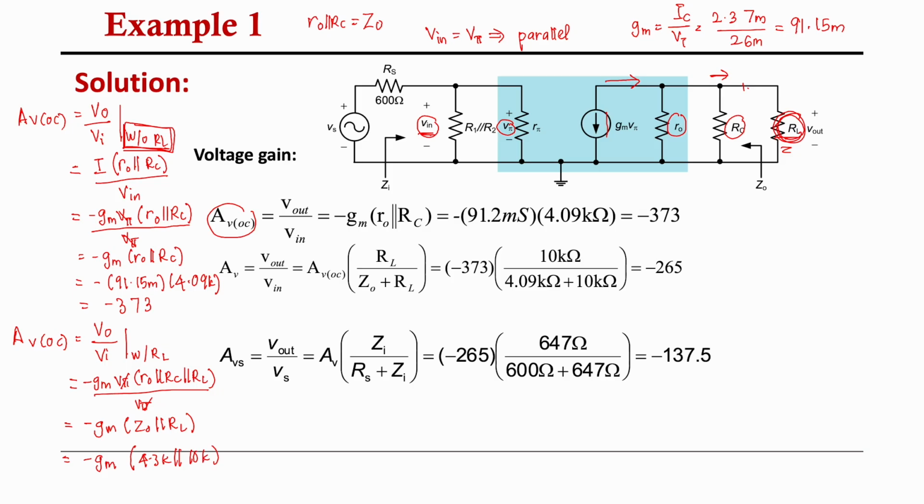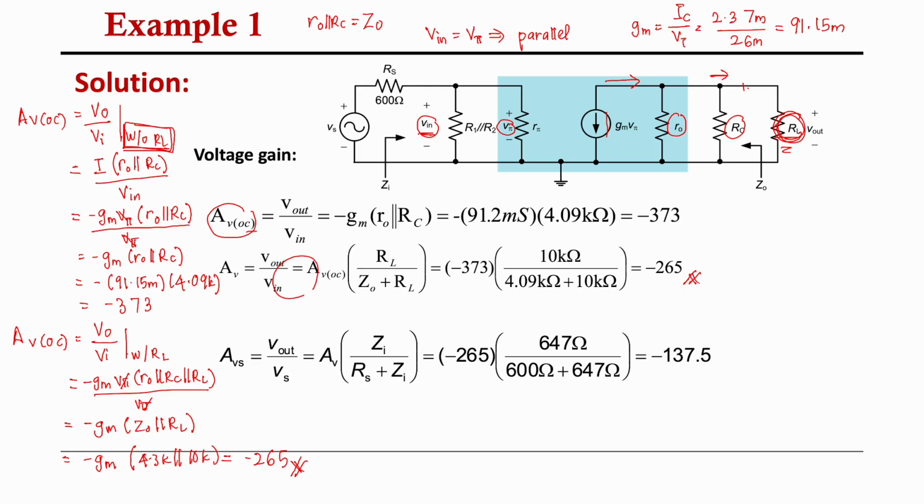Alright, so in this case we will get the value of our AV with RL equal to negative 265. So this is your final answer. Okay, so this is the correct answer.